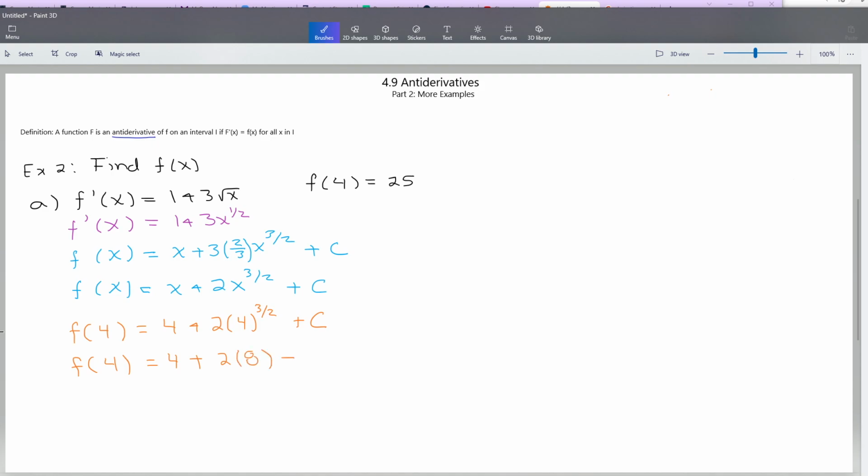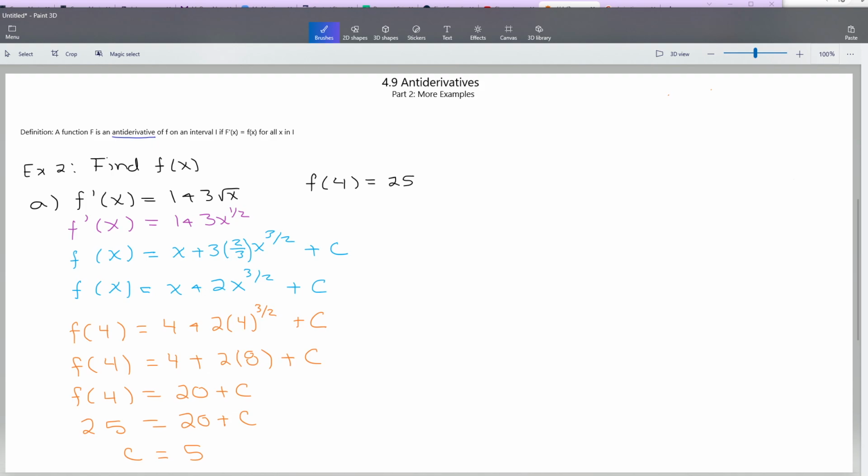So I would have f of 4 equals 4 plus 16, or 20, plus c. Now I do know that this should be 25, right? So this tells me that c equals 5.